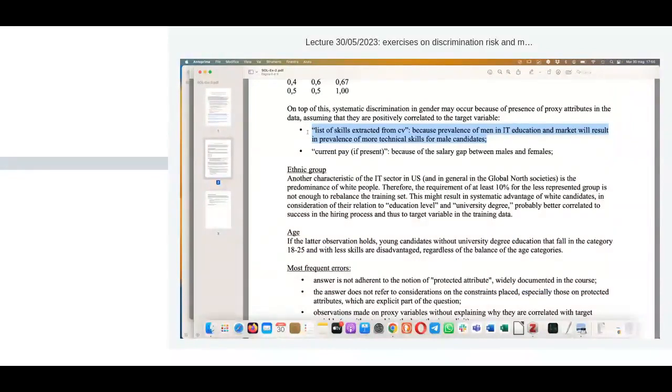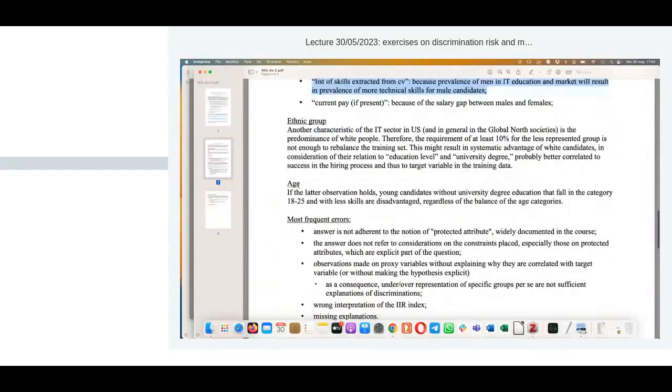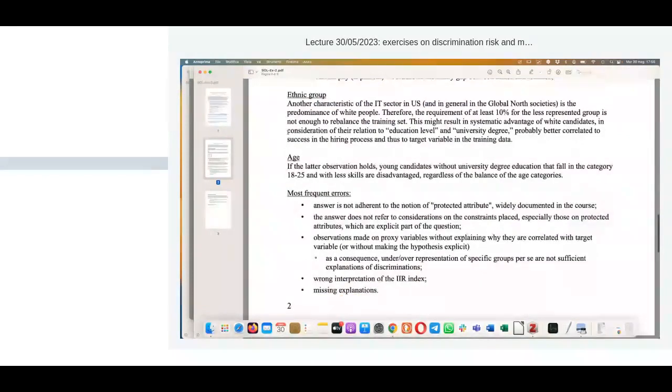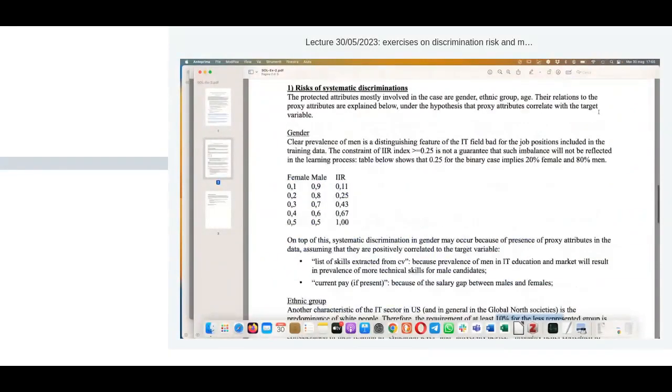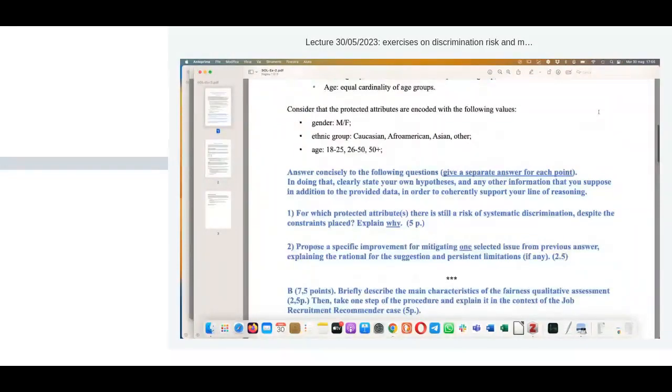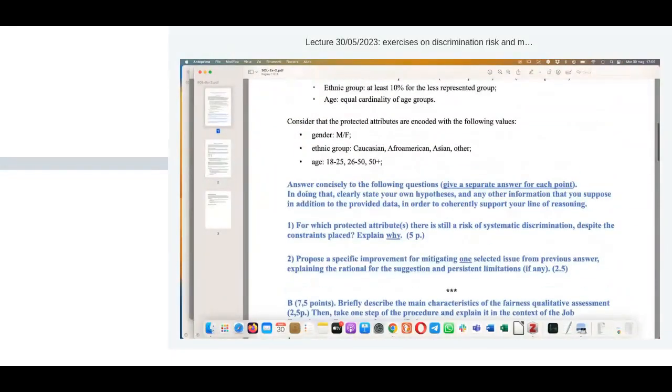Other questions? Then we have ethnic group. Because of the prevalence in North America of white people in the IT sector, we might have that the requirement of 10% of the less represented group might not be enough because of the categories, because there are 1, 2, 3, 4 categories.